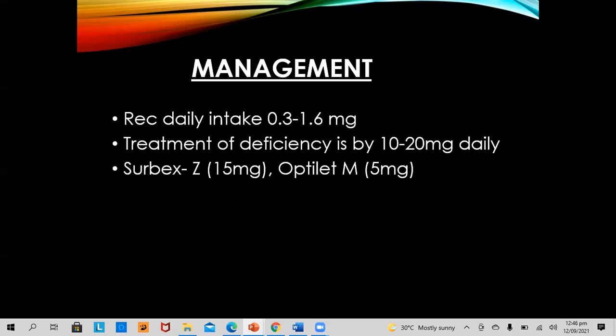Recommended daily intake of vitamin B2 is 0.3 to 1.6 milligram. Treatment of deficiency is done by 10 to 20 milligram daily. Serbex-Z, a common brand, contains 15 mg and Optilate M contains 5 mg. So one tablet of Serbex-Z or Optilate M is usually sufficient to counter the riboflavin deficiency.